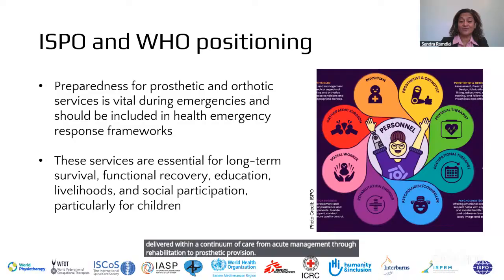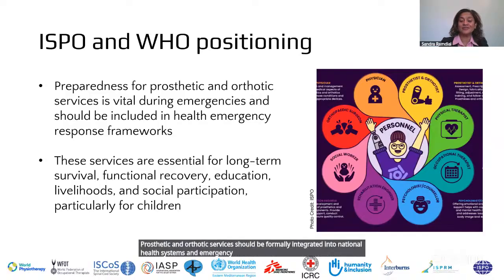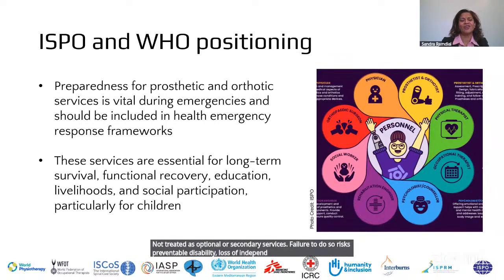Prosthetic and orthotic services should be formally integrated into national health systems and emergency preparedness, not treated as optional or secondary services. Failure to do so risks preventable disability, loss of independence, and long-term societal costs.